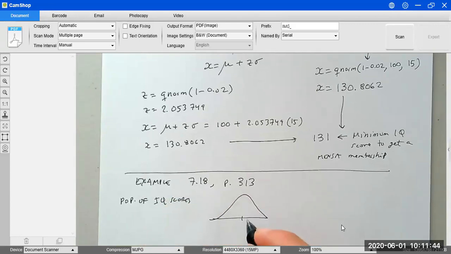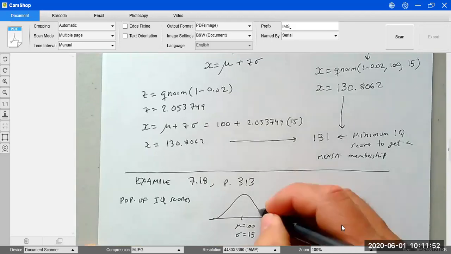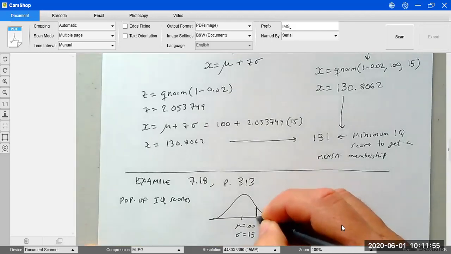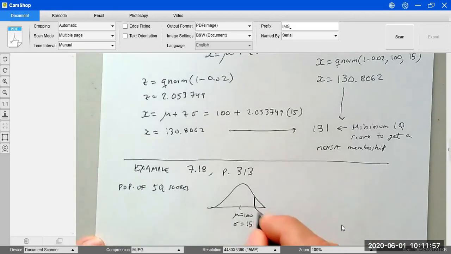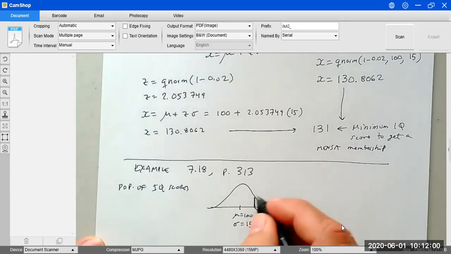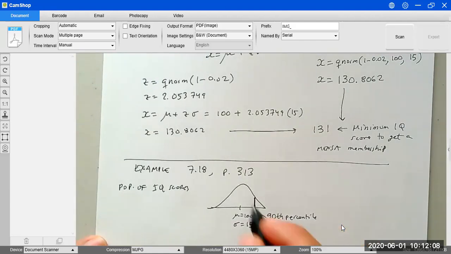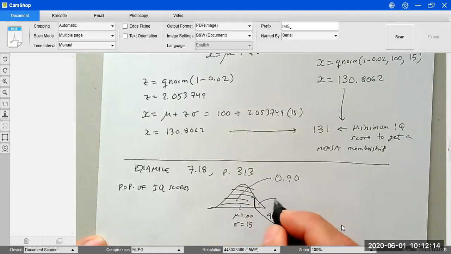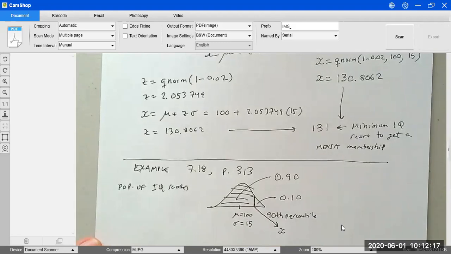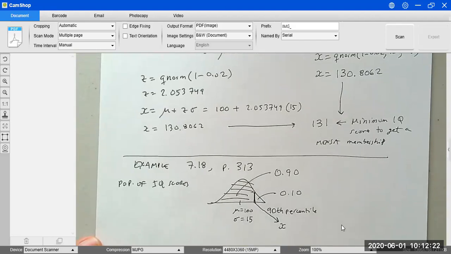We know that the mean is 100 and the standard deviation is 15. We are looking for an x that separates the lower 90% of the population from the top 10%. This is going to be the 90th percentile.